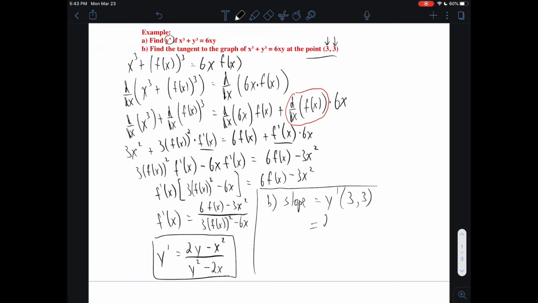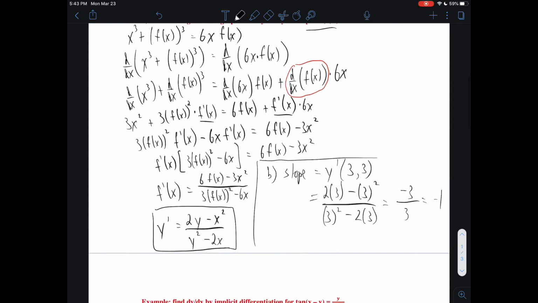So I have 2 times 3 minus 3 squared, and then y squared, so 3 squared minus 2 times 3. That gives me 6 minus 9, or negative 3, divided by 9 minus 6, which is positive 3, so that's negative 1.